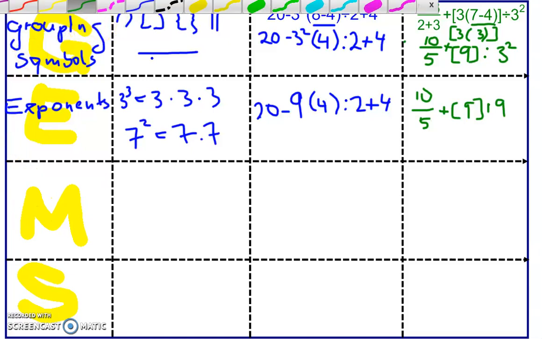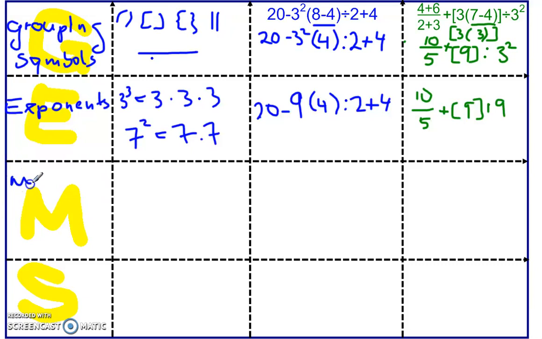M stands for multiply and divide. So we have like the multiplication symbol. Sometimes we use the dot. You've seen me use a dot here. We can also use parentheses that would indicate a multiplication.